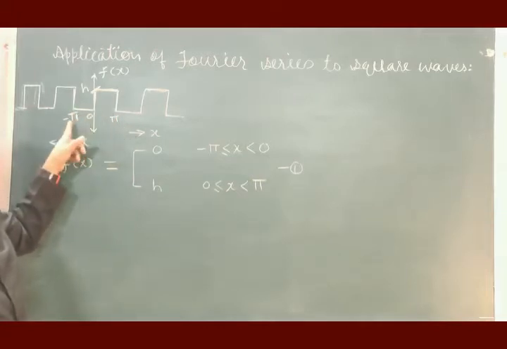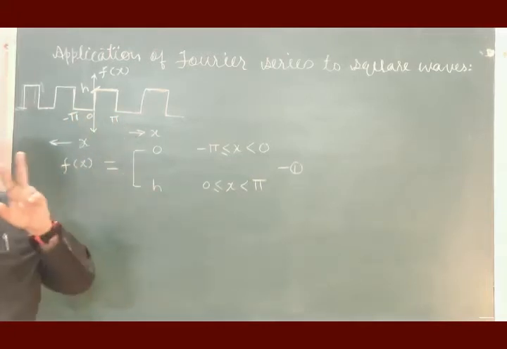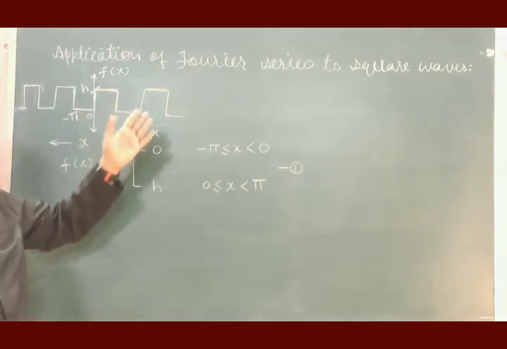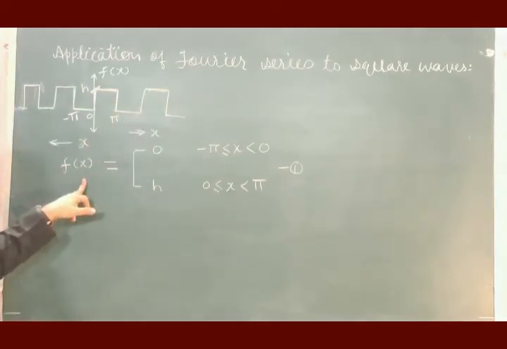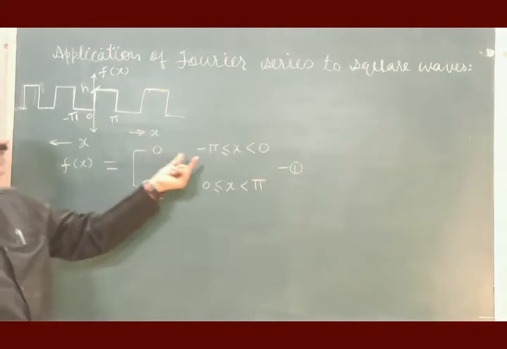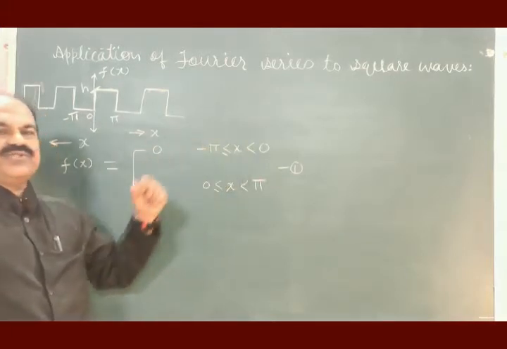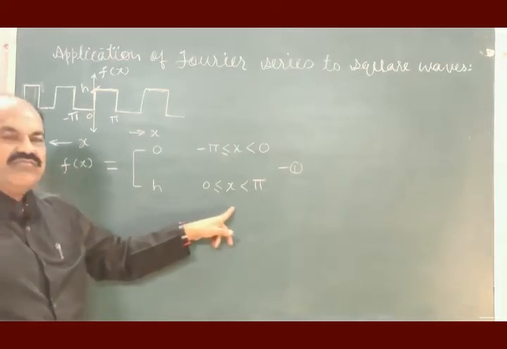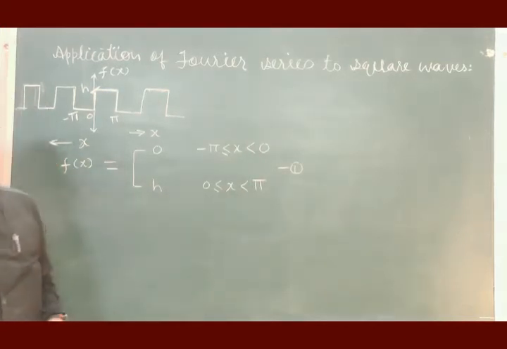Its time period is from minus pi to pi, that is 2 pi. When the square wave is to be written as a periodic function f of x, it will be 0 within this limit, that is from minus pi to 0, and it will be h within the limits 0 to pi.